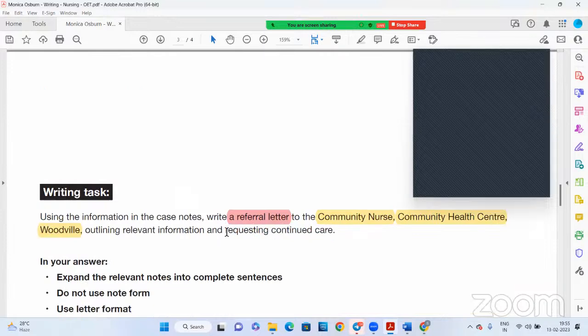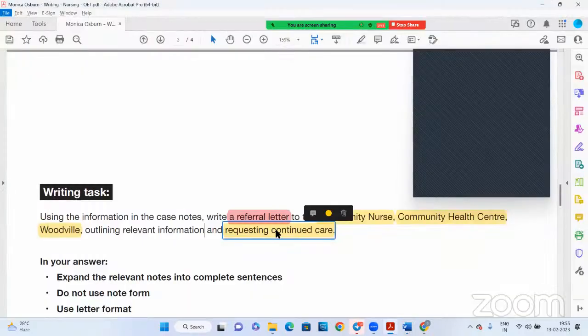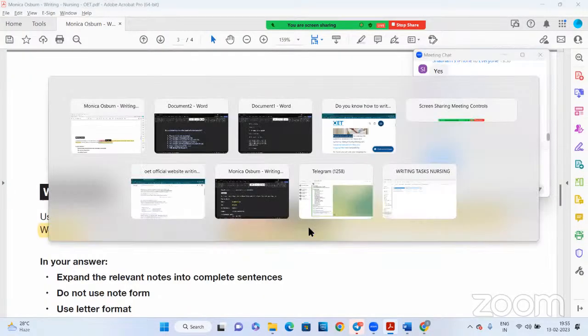You are providing relevant information, you need not write all these things. You are outlining relevant information and you are requesting continued care. This is the purpose of the letter. The purpose is to provide continued care or ongoing care. So don't write the same words continued care as it is from here. Change it.